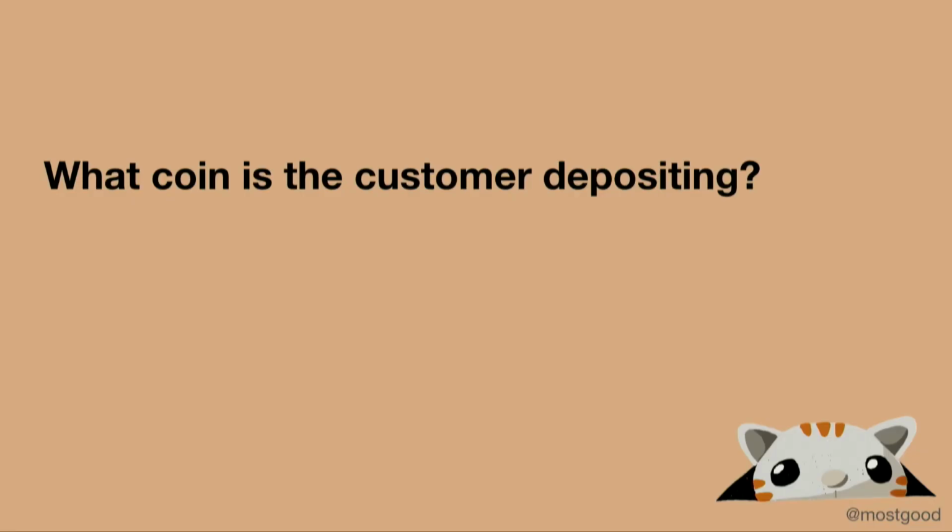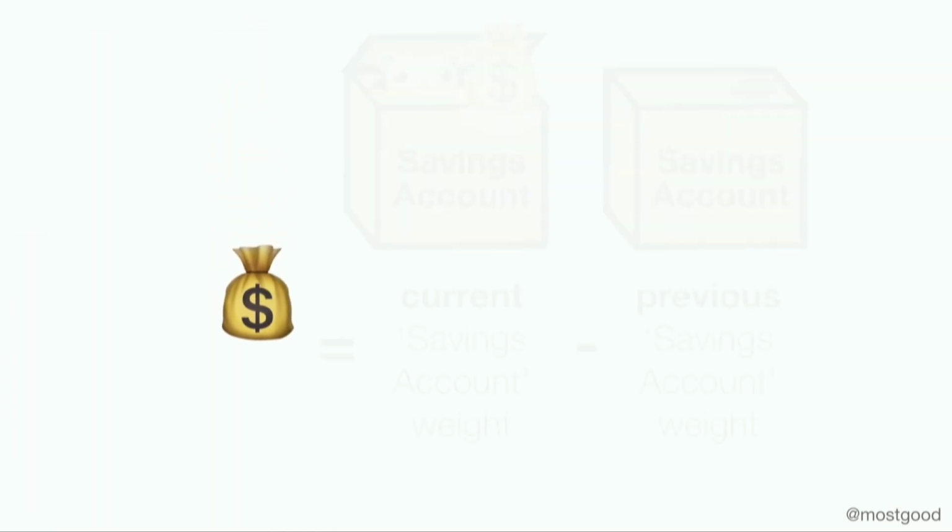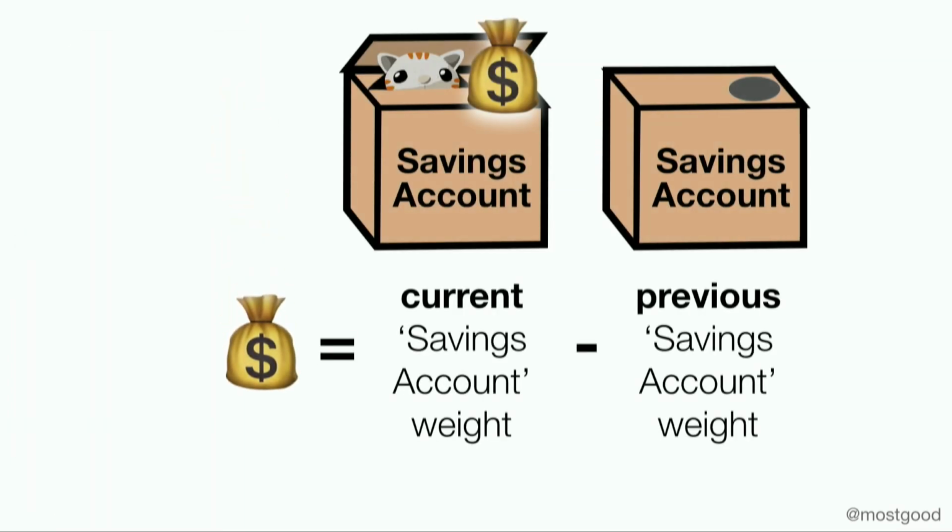Okay, with that working, we want to know what coin the customer is depositing. So we want to calculate the value of the coin that they've placed on the platter. We can do this by thinking, each coin has a unique weight, so if we can determine the weight of the coin, we should be able to determine its value. We can do this by asking how much the current savings account weighs with the coin on it, and then subtracting the weight of what it was previously before the coin was put on top.